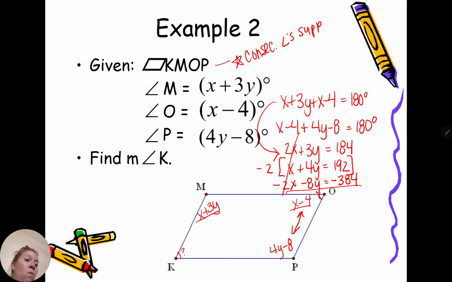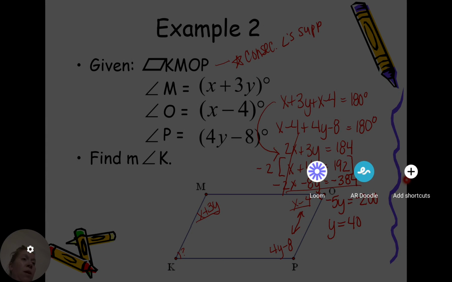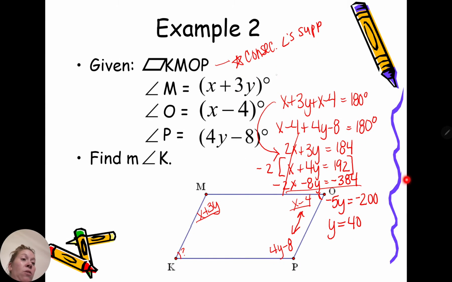Positive 3y minus 8y is negative 5y. 184 minus 384 is negative 200. y is equal to 40. We got one variable. Let's find the other. I'm going to plug y back into one of my original equations.